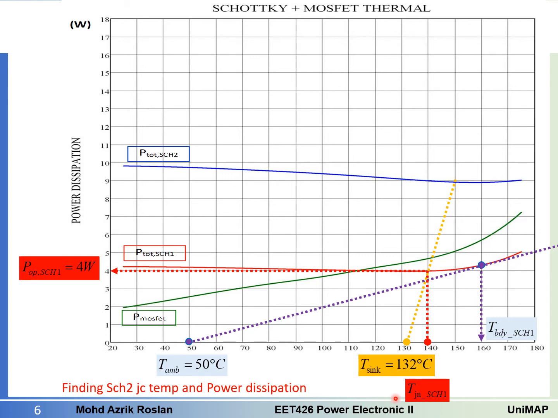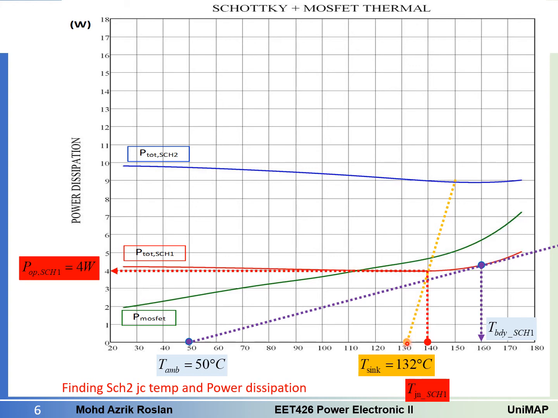Okay, so now we can draw. This is the Schottky 1 and then this is Schottky 2. We know that this straight line is the thermal resistance, the slope for thermal resistance, that I mean 2 degrees C per watt that we drew just now.